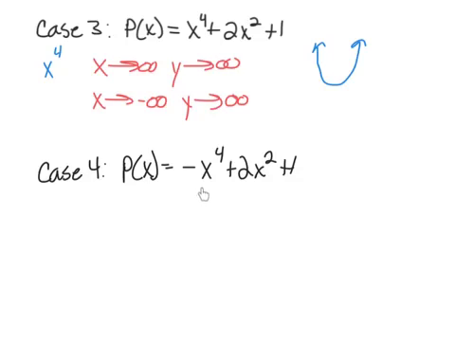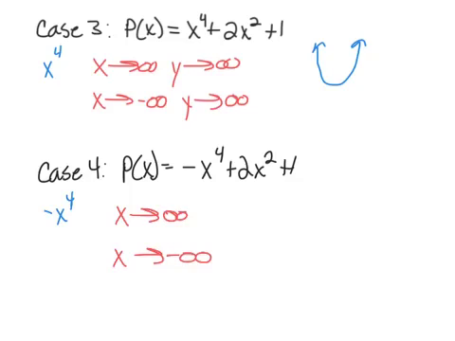Finally, this is our fourth case. We have an even exponent and a negative sign in front. So think about what that's going to be. If I'm going to evaluate negative x to the fourth, think about what happens as x approaches positive infinity and when x approaches negative infinity.